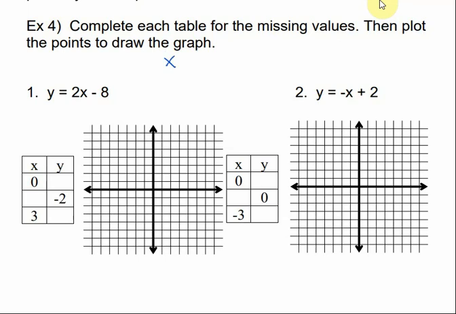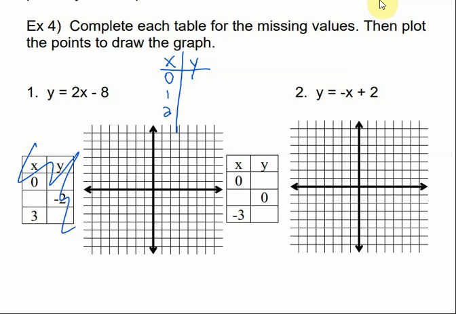And also, we can make our own t-tables. If you were just given an equation and they didn't give you a t-table like that, you could create your own t-table. And it's best, if you're creating your own t-table, to pick the same values every time. You could do 0, 1, 2, or you could do 1, 2, 3, or -1, 0, 1. You want to do smaller numbers. You wouldn't want to do something really big.